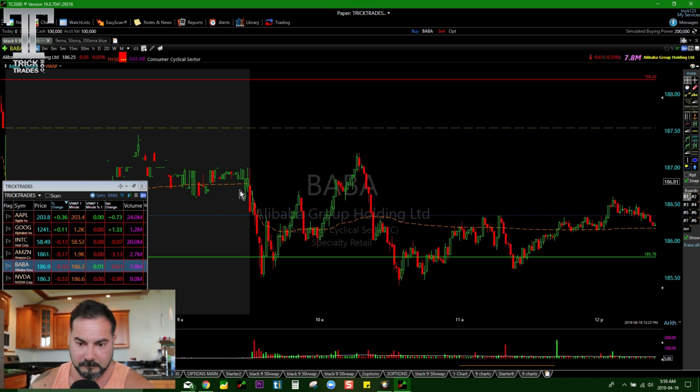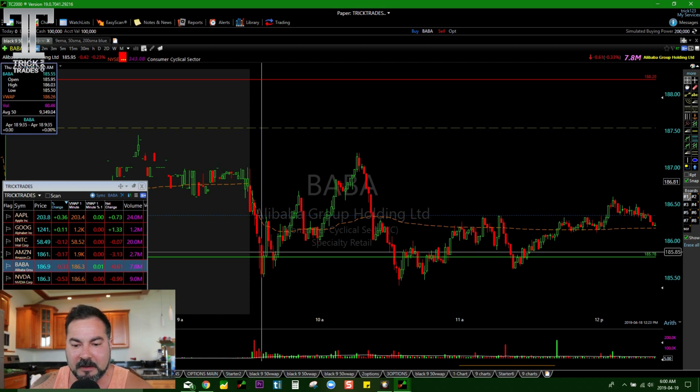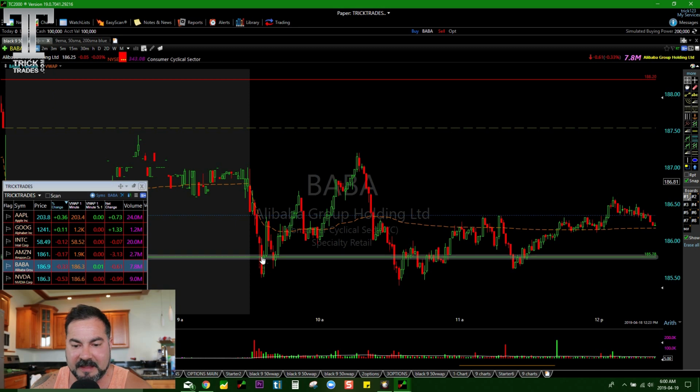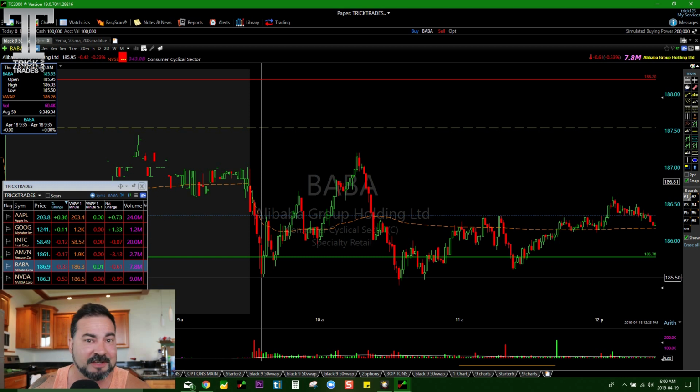Once it opens up, it drives down, which is exactly what I was expecting it to do. And I entered right in here first, okay? Now it's coming into that level. I dip my toes. I called out, okay, small starter position in BABA, and I'll add on confirmation. So once it comes down, it breaks by that magic 30 cents, which it does all the time.